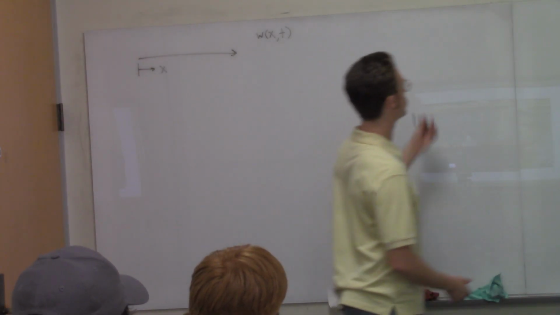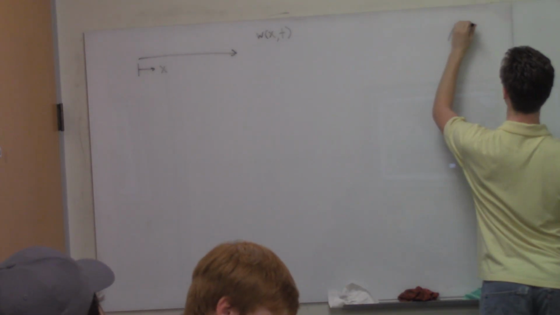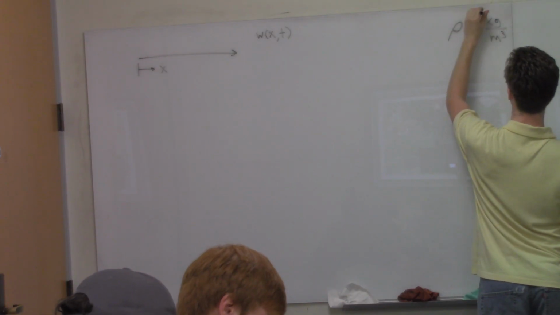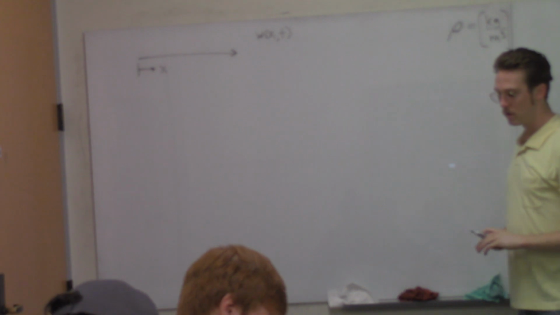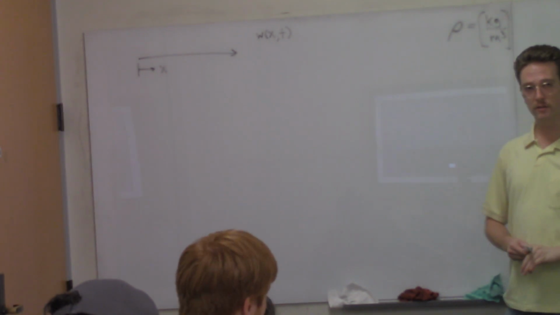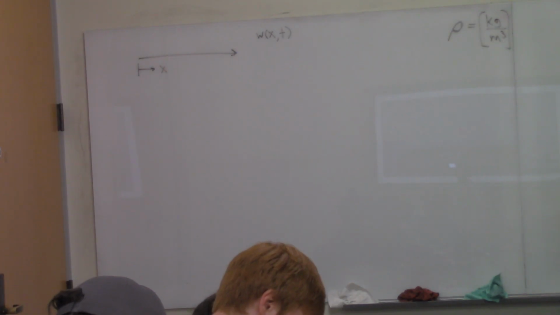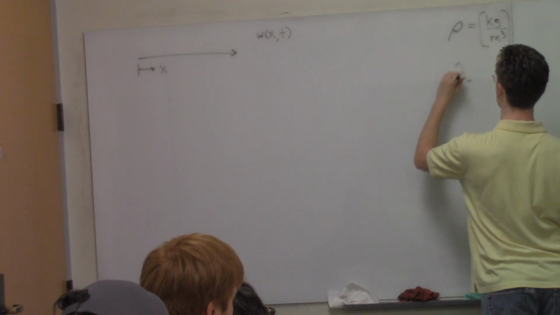So density, as we all know it, is rho, and this has units of kilograms per cubic meter. The notation that I learned: if we have mass per unit area, it's a sigma, and mass per unit length is a lambda.